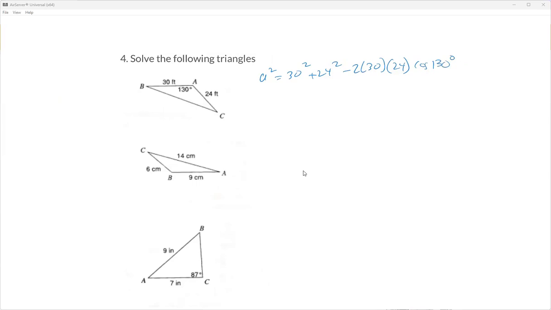Just remember to correspond, if you're using a degree, correspond that side with this. Okay? So this is 130. This is the small a that we're looking for. Okay, so a squared is equal to 900 plus 576 minus 1440 cosine 130.